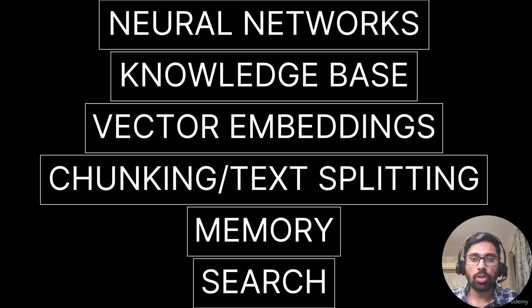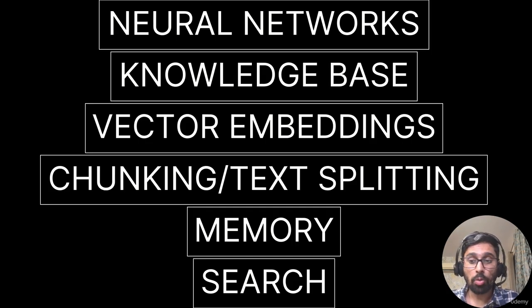We look at neural networks and also deep learning, and then we'll talk about knowledge bases, which store knowledge in LLMs very simply. And then we have vector embeddings, which are used for retrieving information efficiently. And then we'll also look at how LLMs split text and documents into chunks.